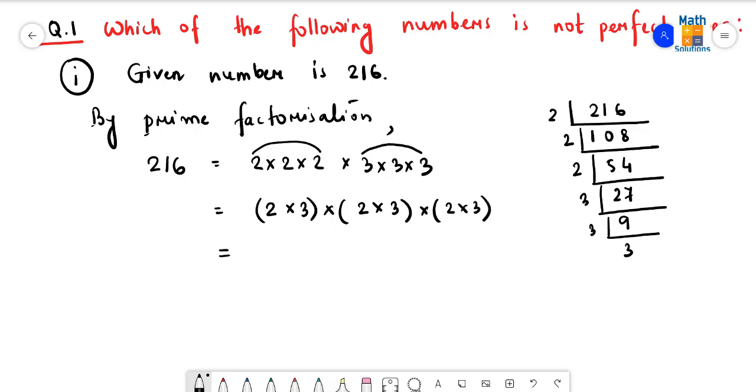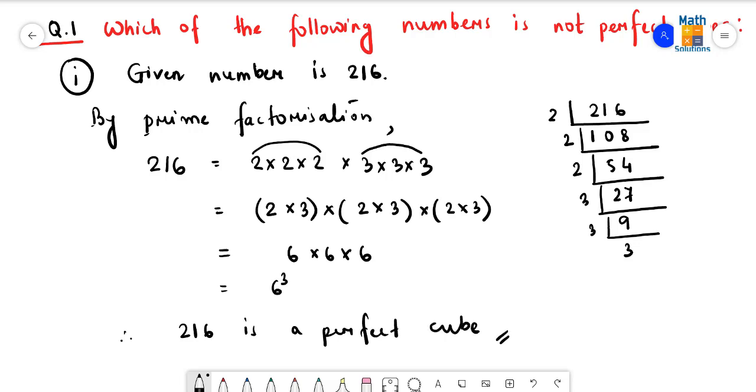So what we shall get? 6 into 6 into 6. So it is 6 cube. Therefore 216 is a perfect cube. That's the way to solve.